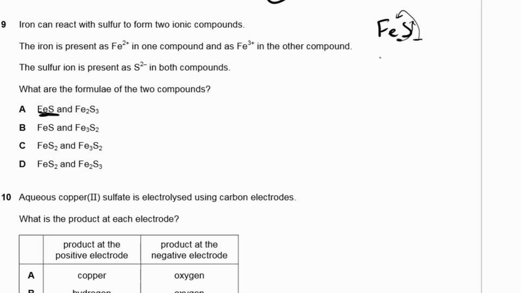If they're the same, that means this is Fe2+ and S2-. And then you just swap them. So if we're looking at this one, we have Fe3+ and S2-, because you just swap them.